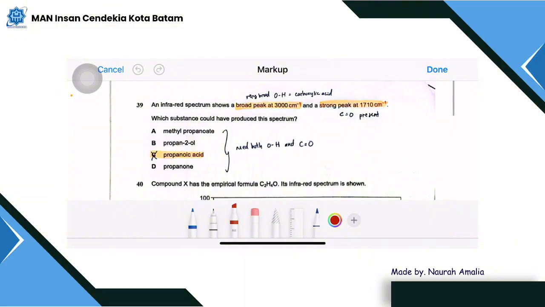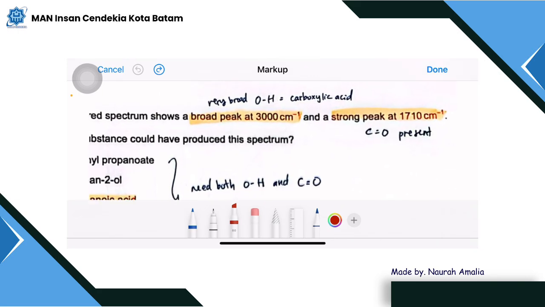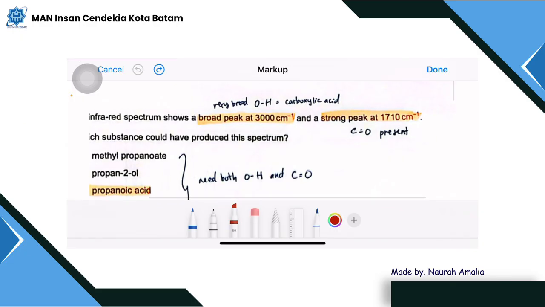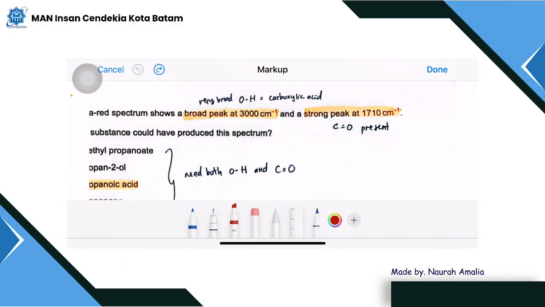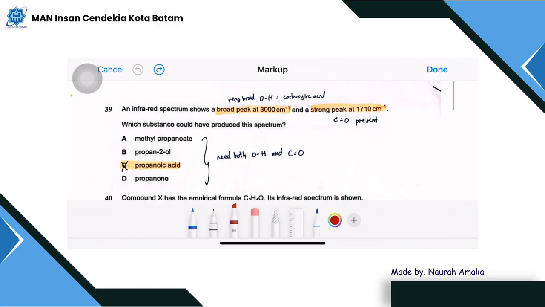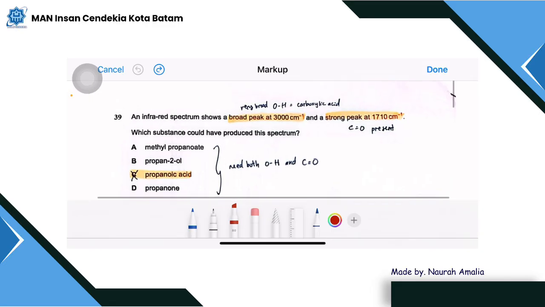The correct answer is propanoic acid, because from the spectrum we need both O single bond H and C double bond O. A broad peak at 3000 means very broad O single bond H, which equals carboxylic acid, and a strong peak at 1700 means C double bond O is present. So the correct answer is C.